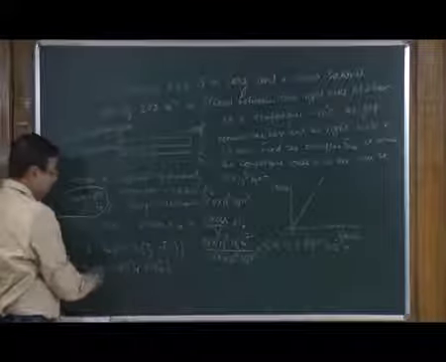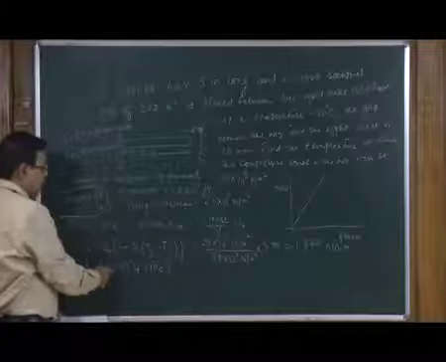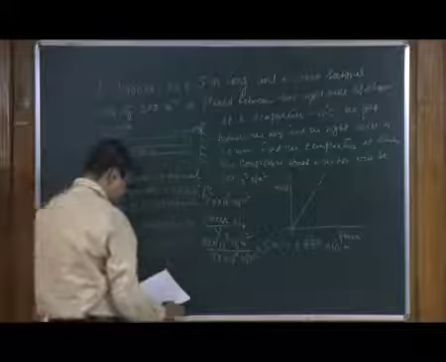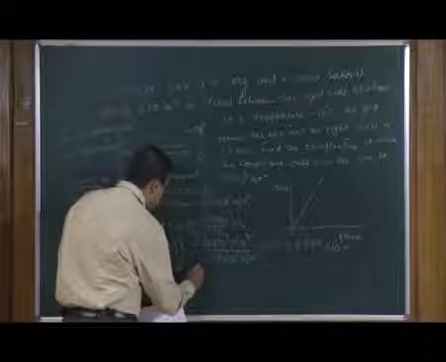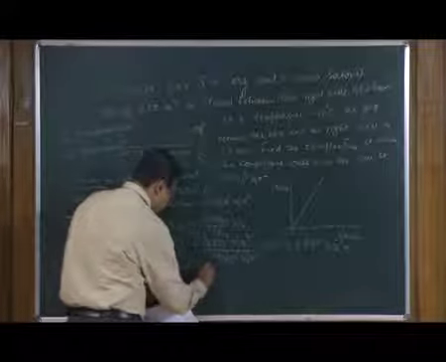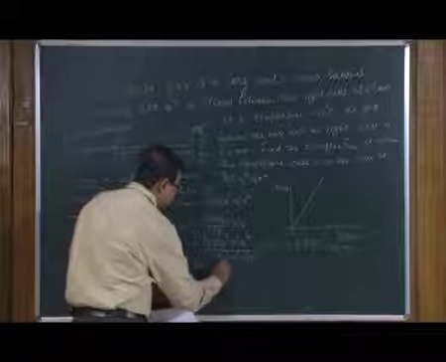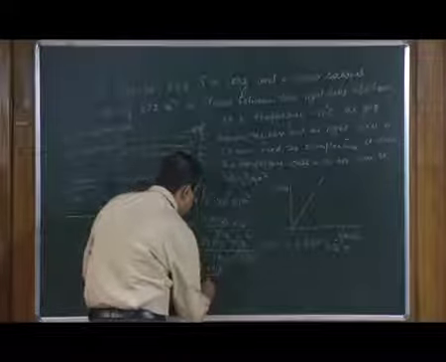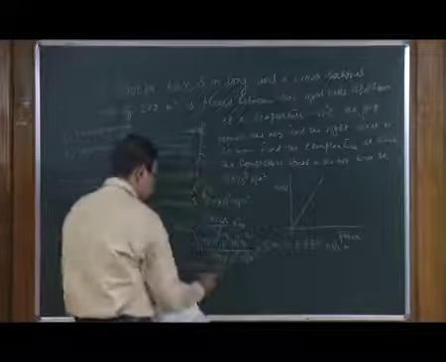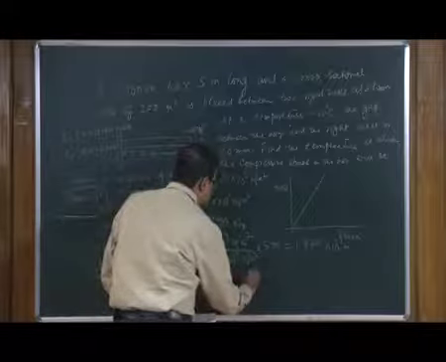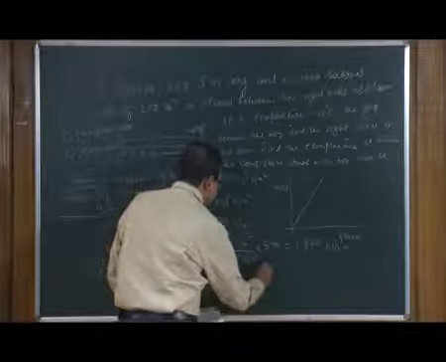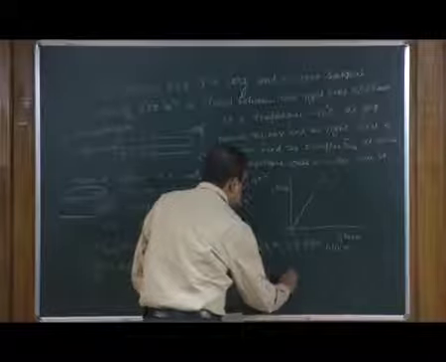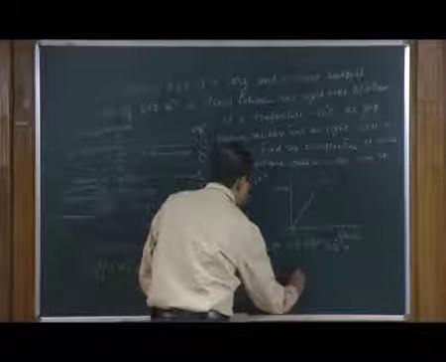So delta x divided by L0, which will now have to be taken into account, gives 1.875 into 10 to the power minus 3 divided by 5. This is equal to 12 into 10 to the power minus 6 into (Tf plus 10 degrees centigrade).